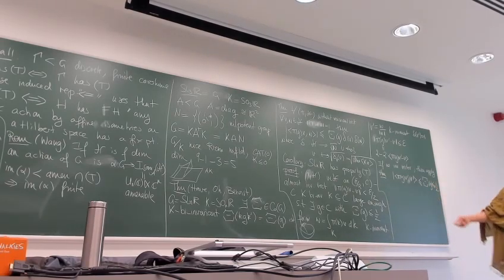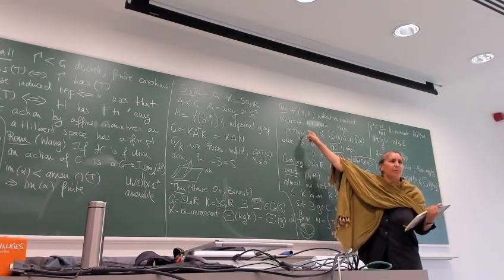You find this g, so that's this coefficient. Those are called coefficients for the representation.